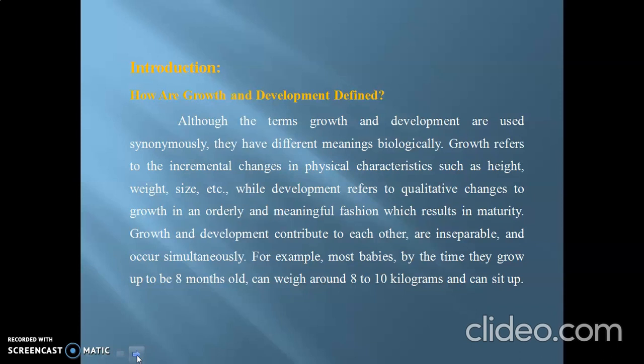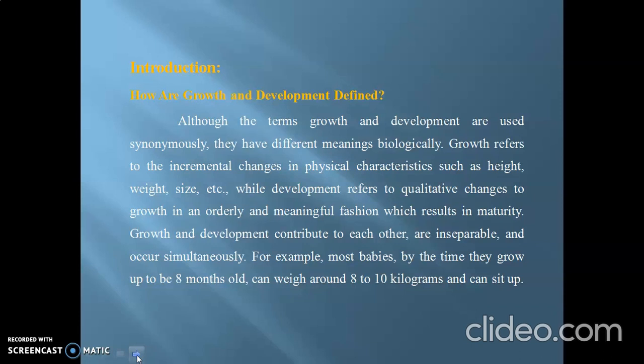Growth refers to the incremental changes in physical characters such as height, weight, size, etc., while development refers to qualitative changes, in addition to growth, in an orderly and meaningful fashion, which result in maturity.